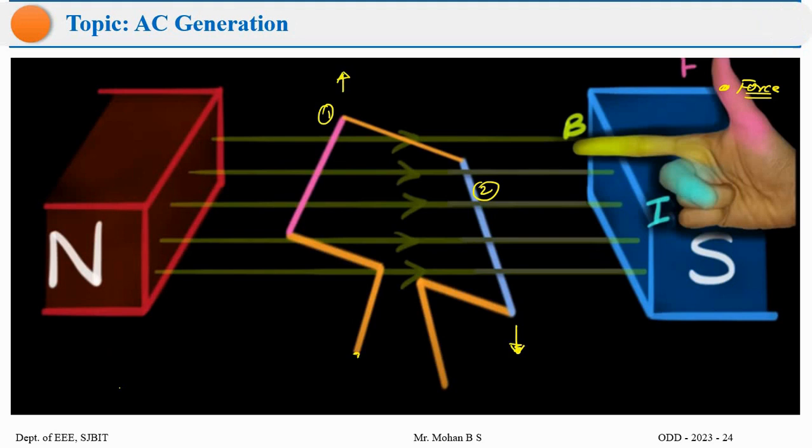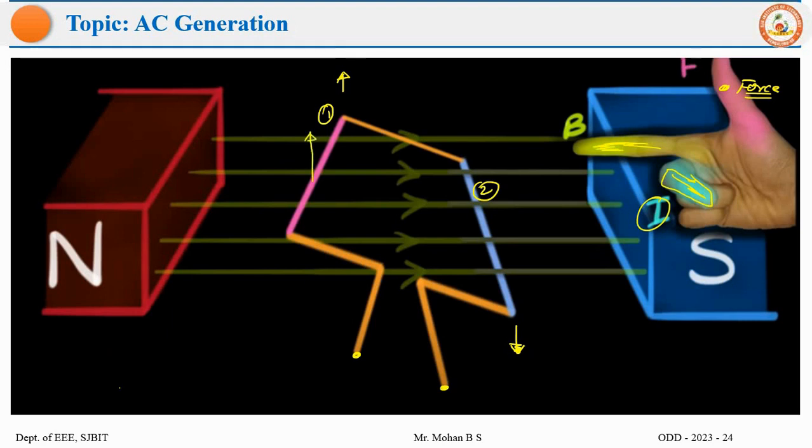So we'll find the direction of current, or the direction of induced voltage, here. The index finger indicates the direction of magnetic field, and the middle finger indicates the direction of induced voltage and induced current, only when the circuit is closed. So analyzing this with respect to the north pole, the force, as told, is going in the upward direction.